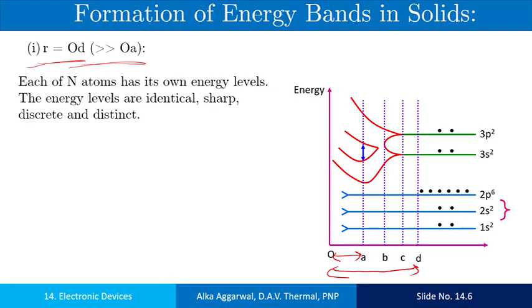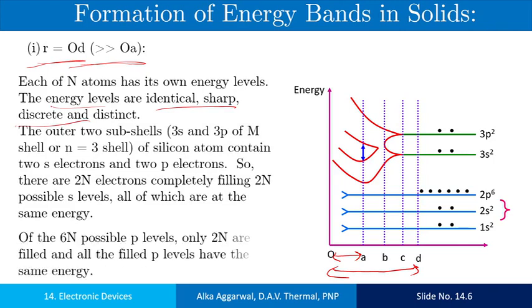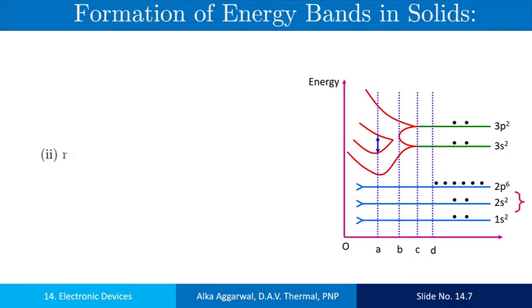Hence each atom behaves as an isolated atom and has identical discrete energy levels. When the distance between them is OC, this one.